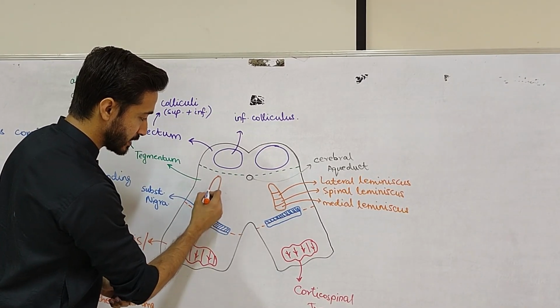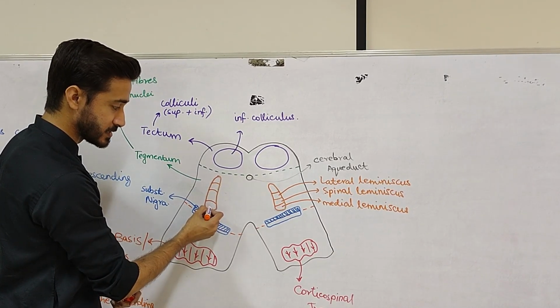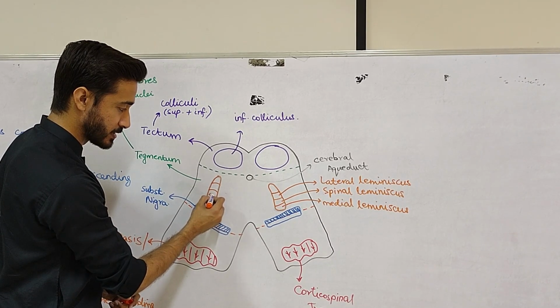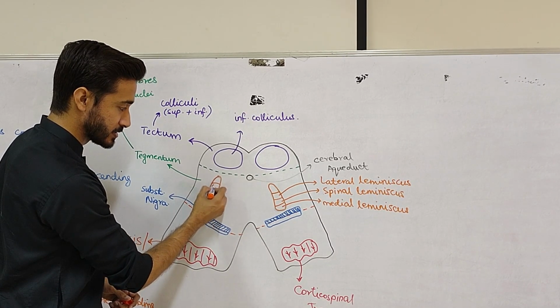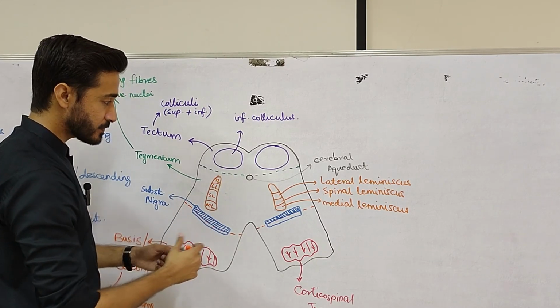So you can draw this in this shape. And you can mention this as medial lemniscus, so we will write ML. This as spinal lemniscus, we would write it as SL. Then lateral lemniscus, LL. And then trigeminal lemniscus, TL, right?